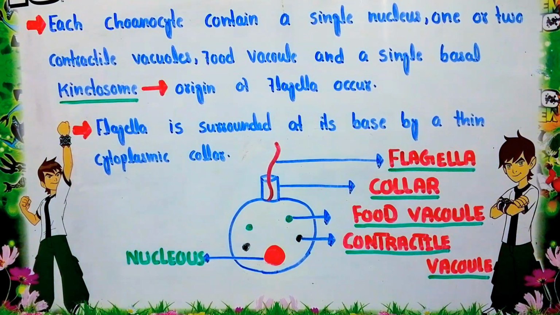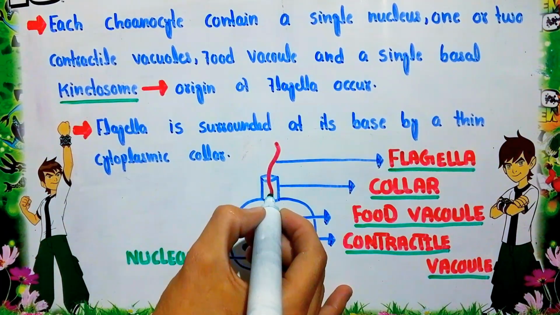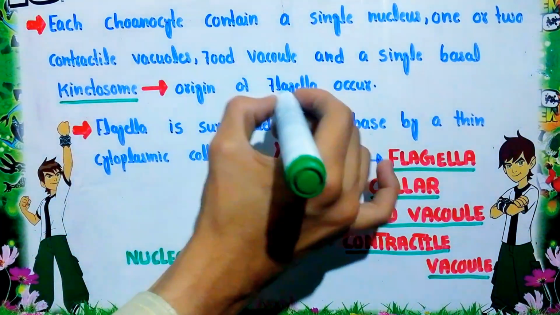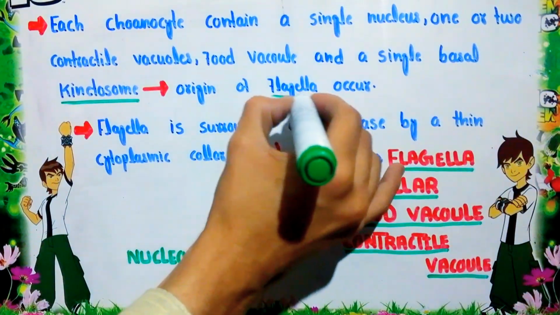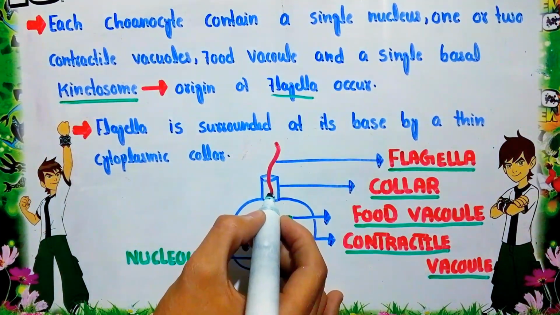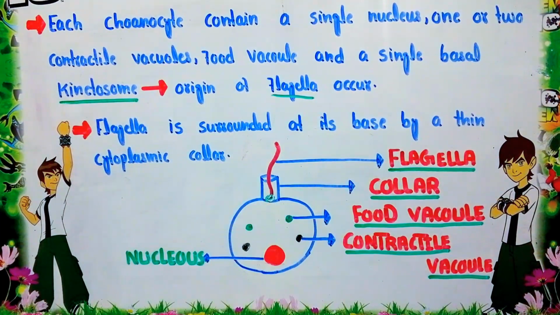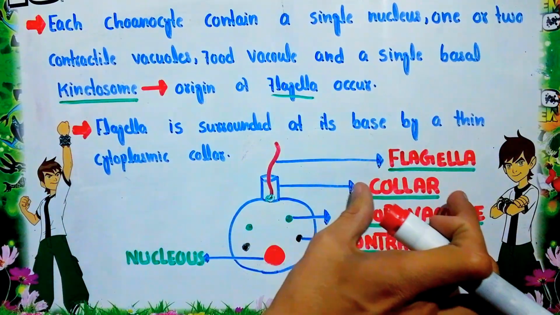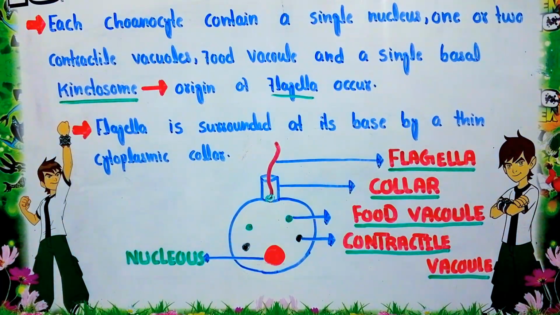Now here the important structure is present. From this structure arises the flagellum, called the kinetosome, which helps in the arrangement of the flagellum. Now here this component is called the collar region. Because of the presence of this collar region, this choanocyte cell is called a collar cell.